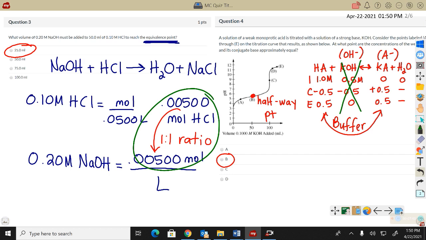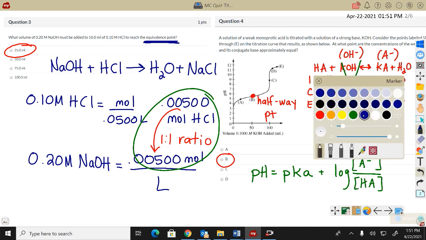So not only do I have a buffer, but I have the 1-to-1 ratio buffer, where if I use the buffer equation, Henderson-Hasselbalch, pH is pKa, or opposite log of the Ka, plus the log of this ratio, conjugate base over weak acid. Want this magical buffer, you end up with a 1-to-1 ratio.